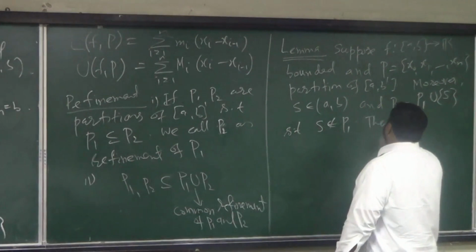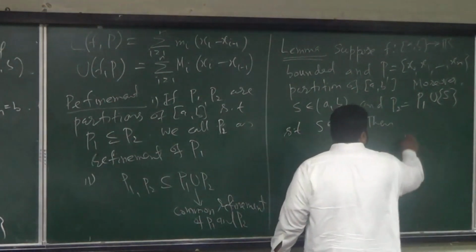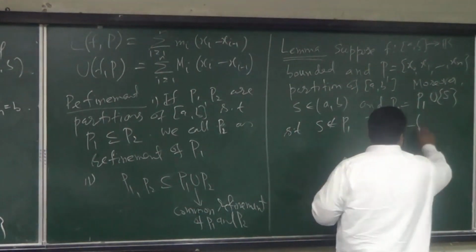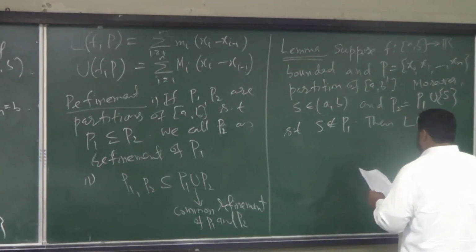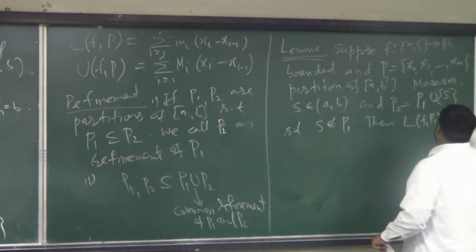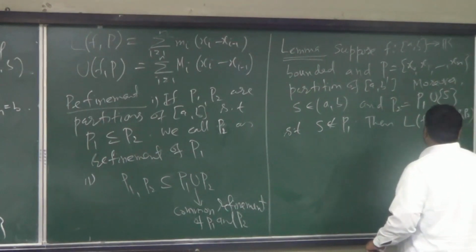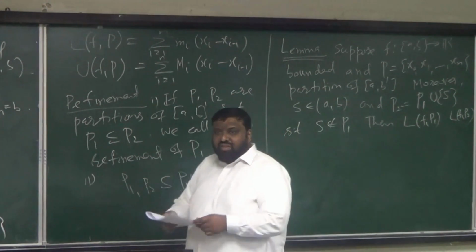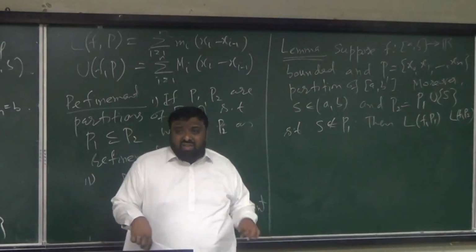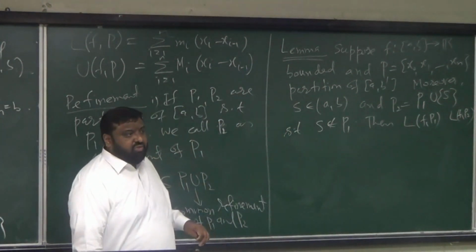So if then the lower Riemann sum, what do you think should be the relationship between them? These are numbers.